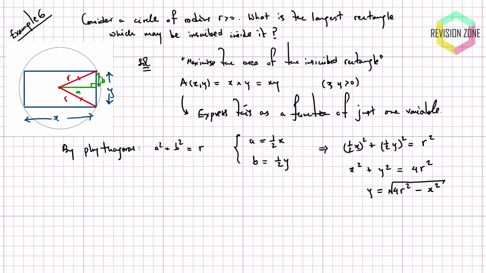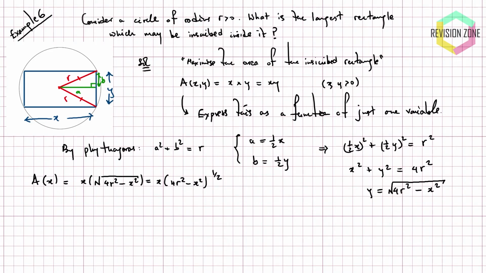So I can say my area function, purely as a function of x, is going to be x times the square root of 4r squared take away x squared. A slightly nicer way of writing that is x times (4r squared minus x squared) to the power of a half.